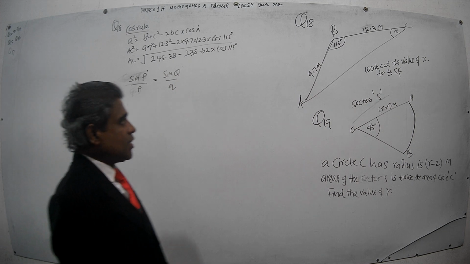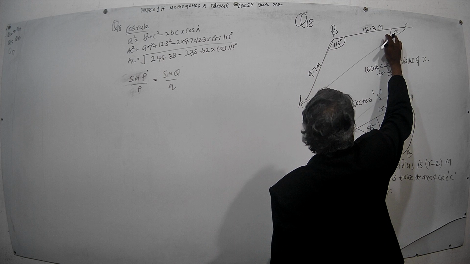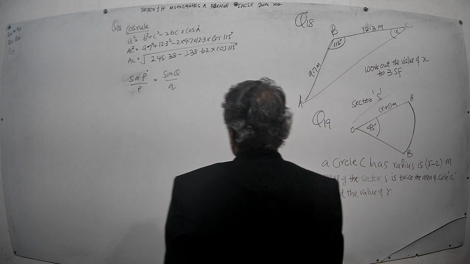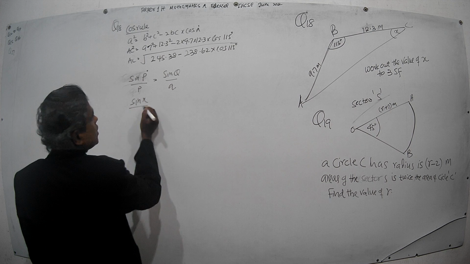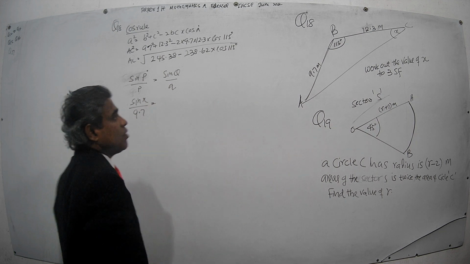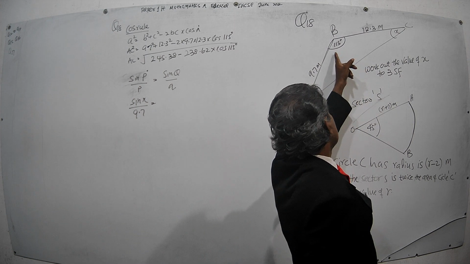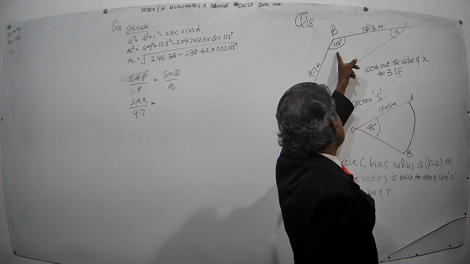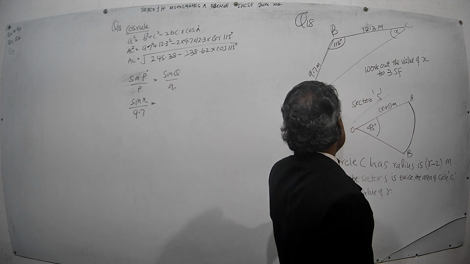Here you take sine x, its opposite side is 9.7, and equals sine 115 over AC.